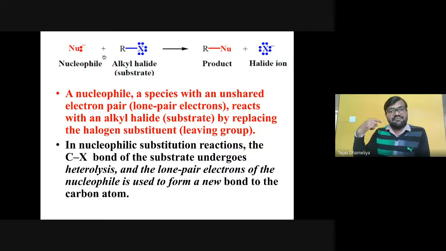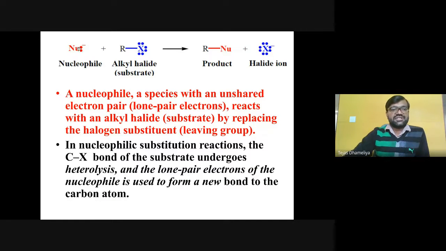If they are themselves positive and searching for negative charge, that's why they are termed as electrophile. So philicity is more important. In other words, nucleophiles have attraction towards positive charge because their own charge is negative. So positive has attraction towards negative charge, and negative charge has attraction towards positive charge.